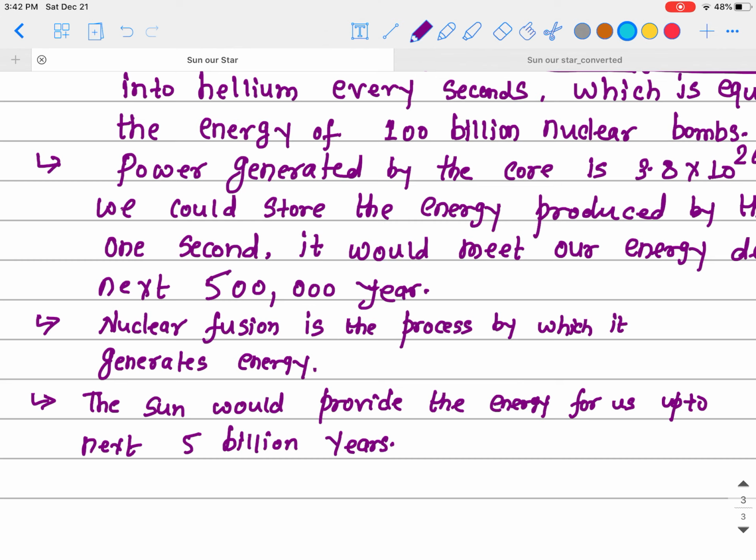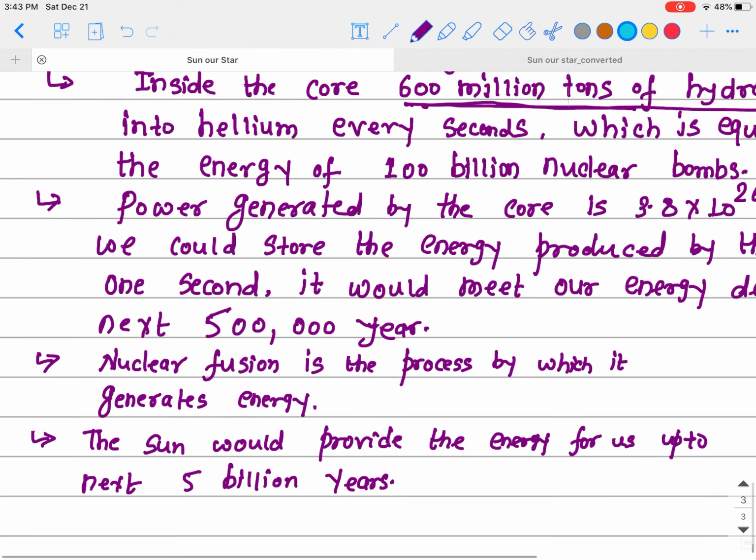The sun has been providing energy for the last 10 billion years, and we are halfway. So it will continue to provide us energy for another 5 billion years.